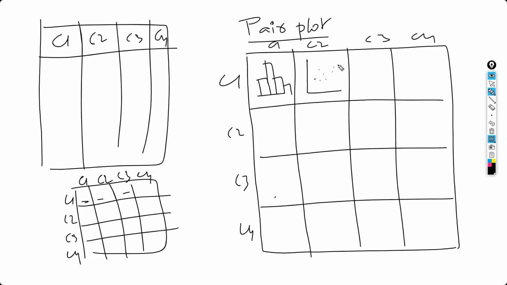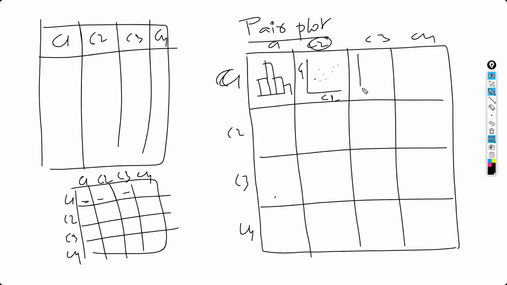Now, what will be considered on the y-axis? Whatever is here, the C1 column will be considered on the y-axis, and this value will be considered on the x-axis like this. Okay, C1 and C2 scatter plot. Next, it is going to take here.